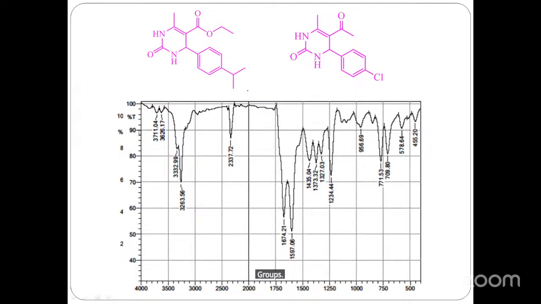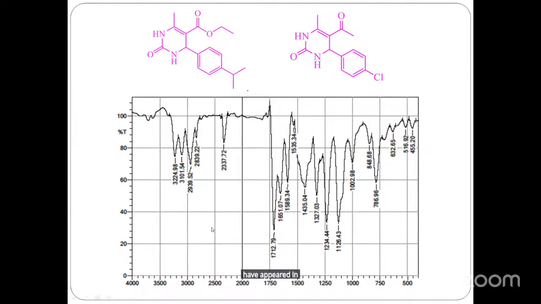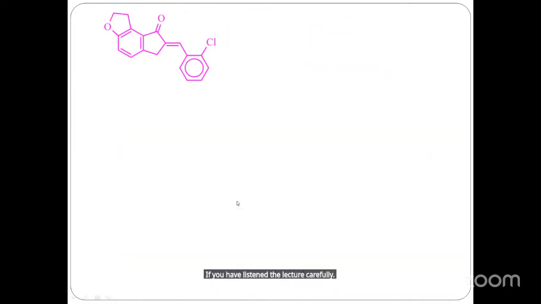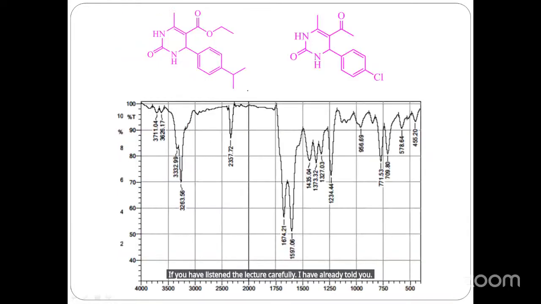What are the reasons these two signals have appeared in the higher region of the spectrum? If you have listened to the lecture carefully, I have already told you while discussing the interferences in the IR spectrum: why there are interferences, what kind of interferences there are, and how to avoid them. No student is telling why.